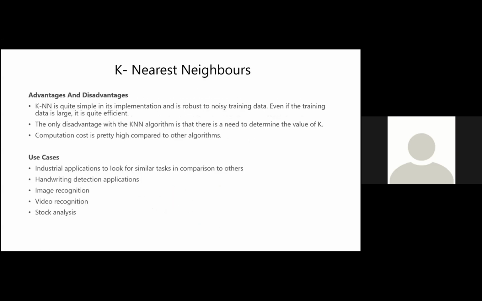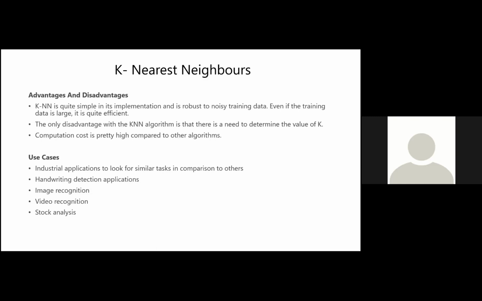This is again the most simplistic algorithm, and the main disadvantage of KNN is that we have to first identify the value of k, which is the number of nearest neighbors. The computation cost is also pretty high, because it has to take a point and compare the distances to identify the nearest points.